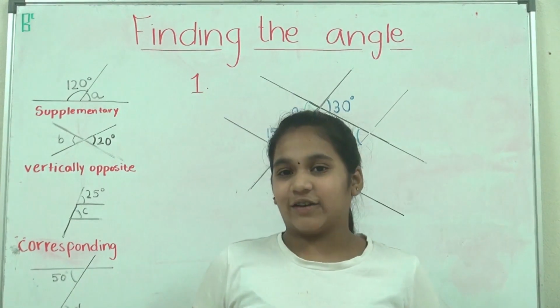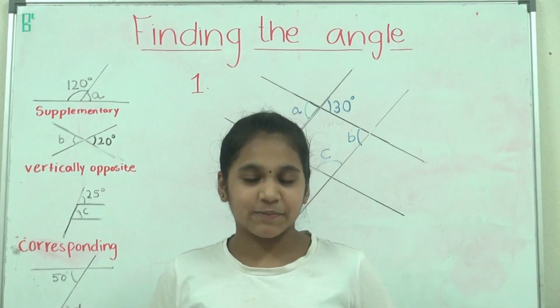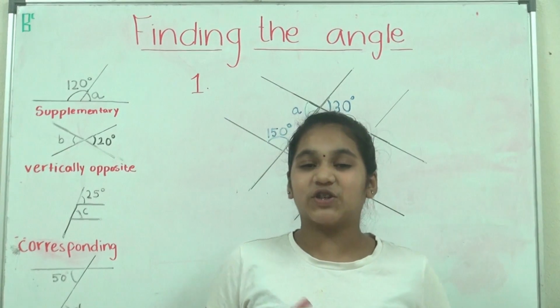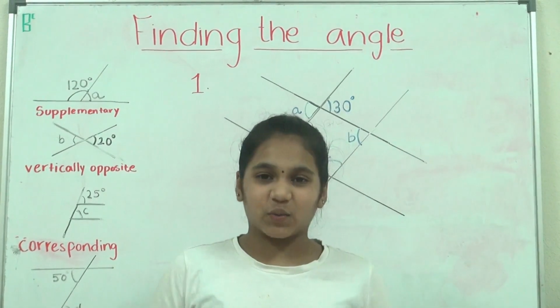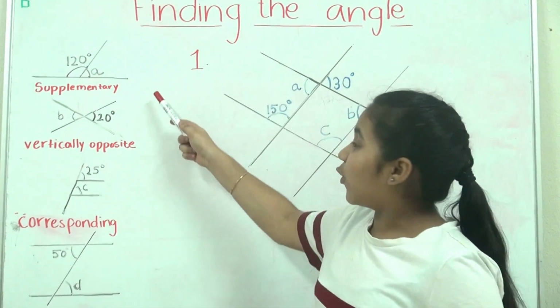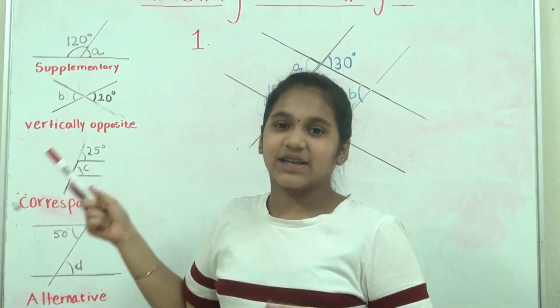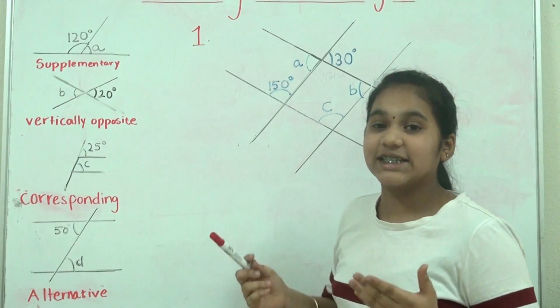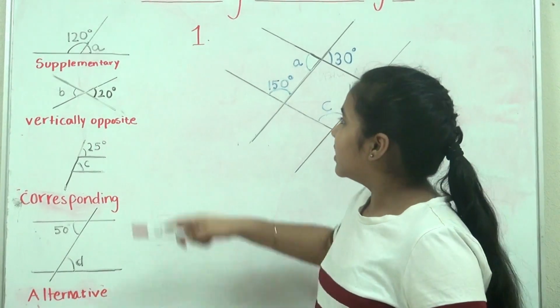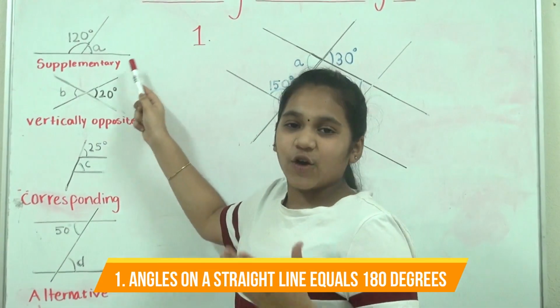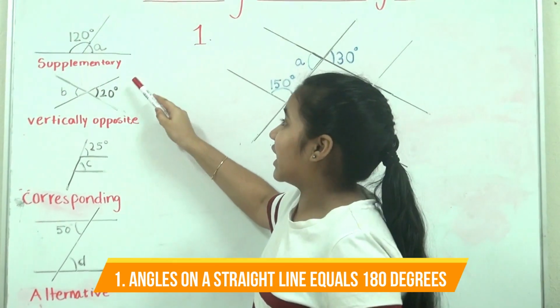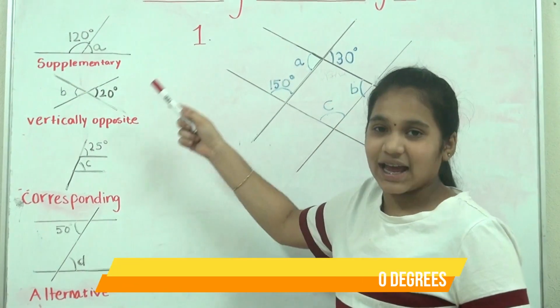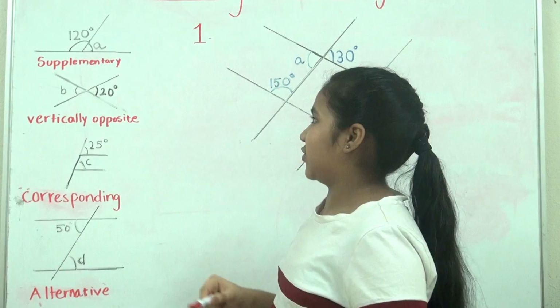To find the angle, we need a few clues. Now we will be checking out the 4 clues that we have, or the 4 ways that we can find the unknown angle. The first is called the supplementary angle. You all know that a straight line always has an angle of 180 degrees.